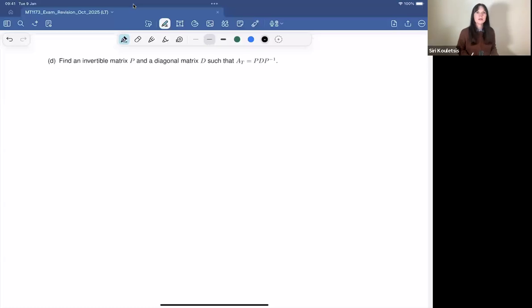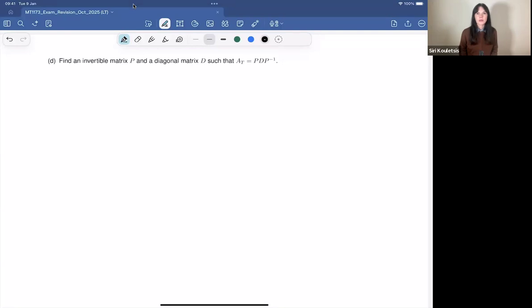Find an invertible matrix P and a diagonal matrix D such that AT equals P D P inverse. Now I chose this question on purpose here to highlight these concepts and the links between the information that we have already been given.